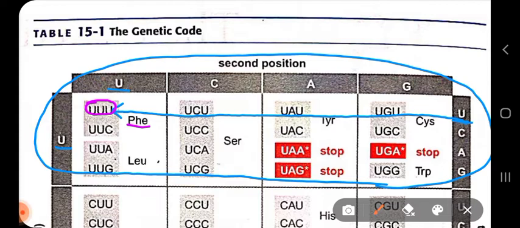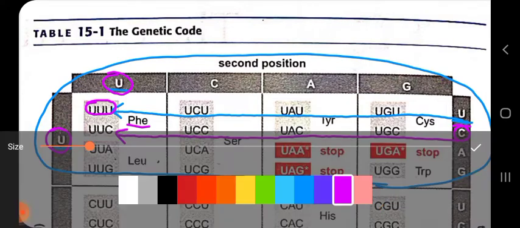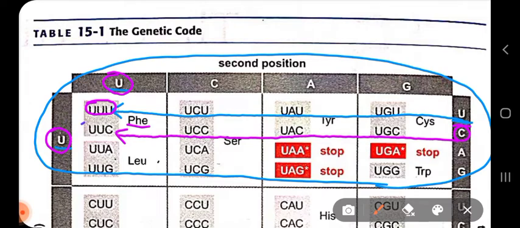Then let us see first letter U, second letter U, third letter C. What does UUC represent? UUC represents again phenylalanine. Okay, let us see the third one, UUA.